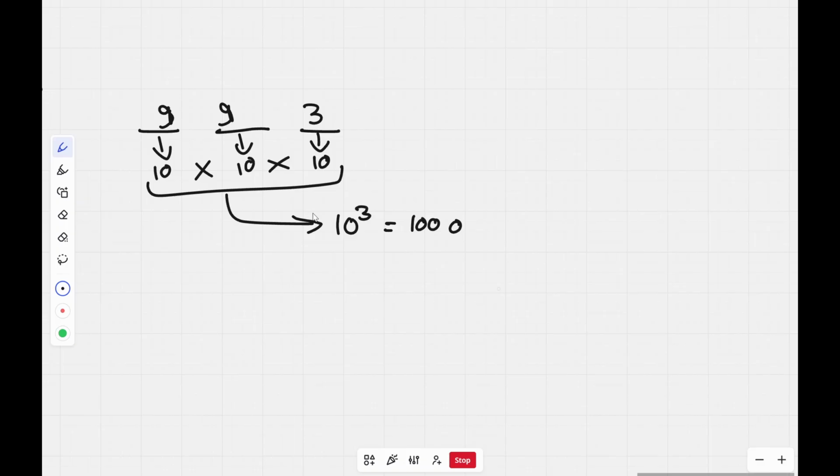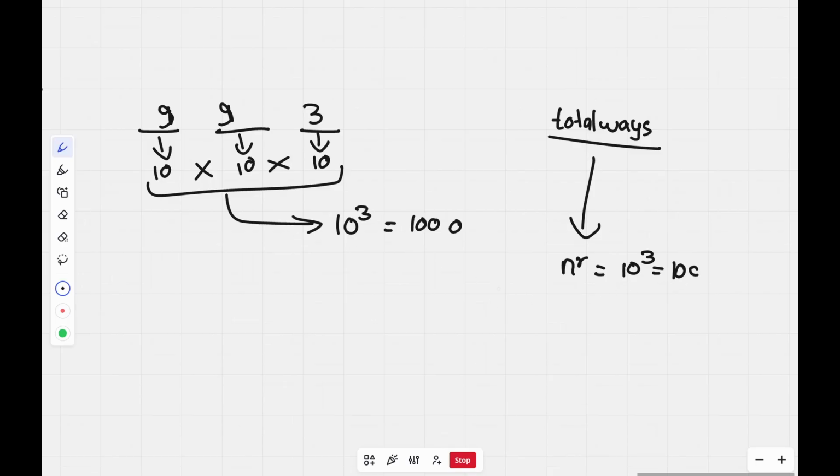Now let's solve this with the formula. The formula is very easy, that total ways is equal to n to the power r, where n here is 10 and r here is 3, because we need 3 elements to be arranged out of 10 elements.